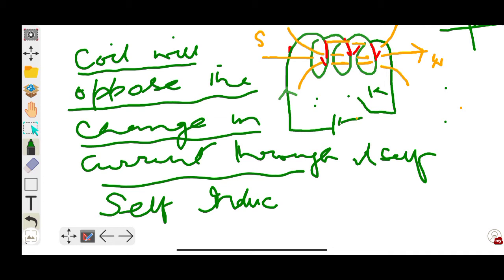So self inductance is the process of making an EMF that will oppose the change in electric current through the coil itself. So self induction is nothing but the EMF induced in response to the current that is itself flowing through this coil. So we call this phenomenon self induction.